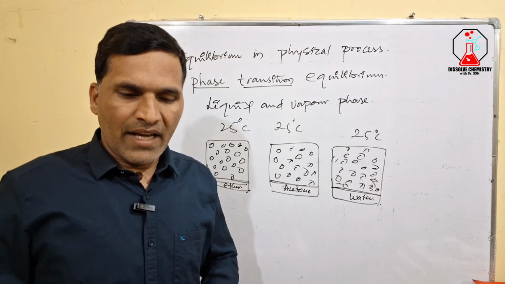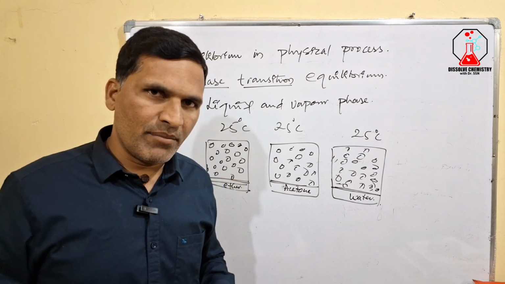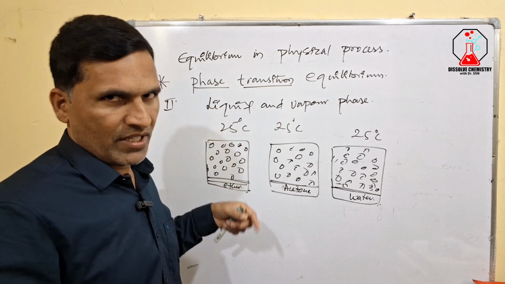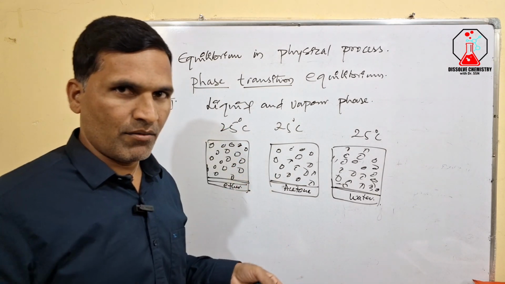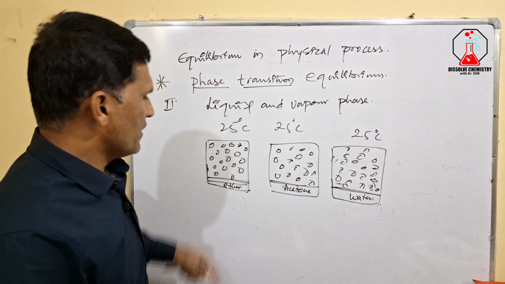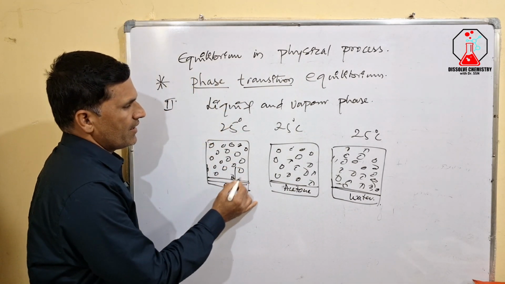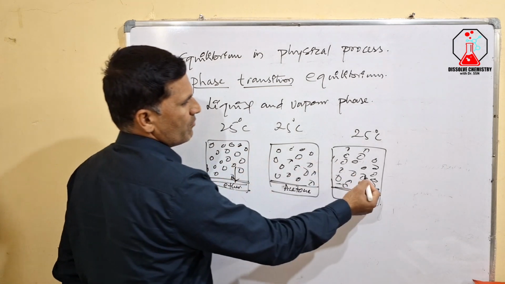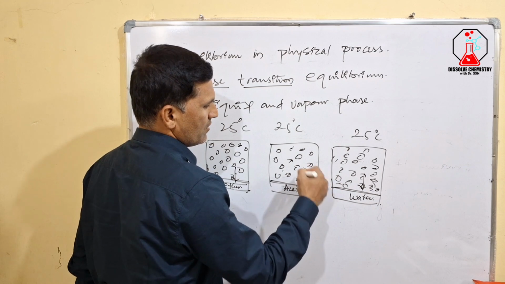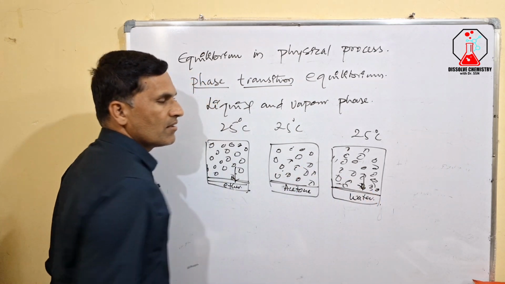As it is more volatile at a given temperature, its vapor will be greater, and if you keep it in an open vessel, it will evaporate readily even at room temperature compared to water. So its vapor pressure is high at 25 degrees Celsius compared with water and acetone, and acetone has higher vapor pressure than water.